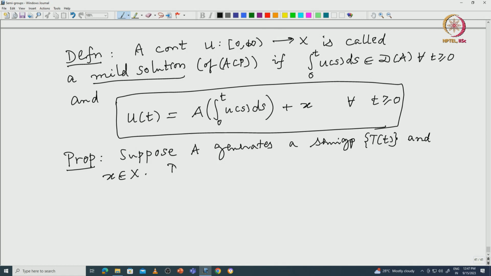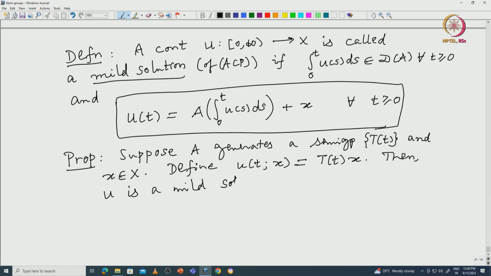Okay. So, you define u(t), of course it depends on x, so just let me put it that way, u(t) equals T(t)x. Okay. Then u is a mild solution of the ACP.